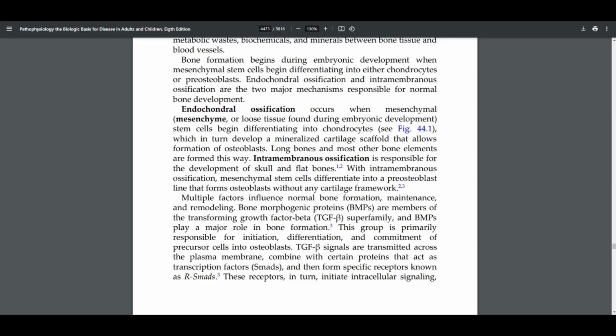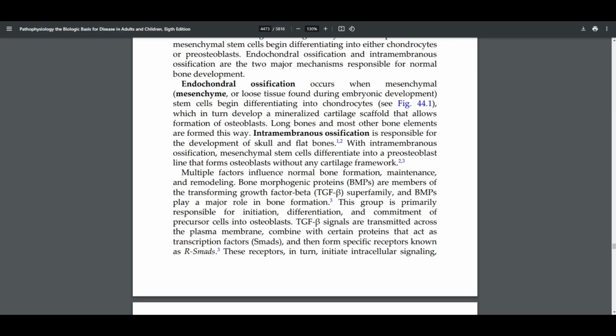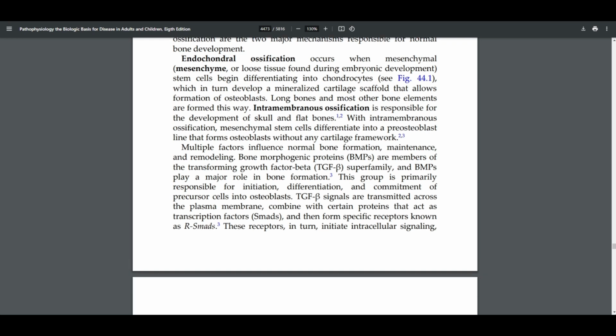Endochondral ossification and intramembranous ossification are two major mechanisms responsible for normal bone development. Endochondral ossification occurs when the mesenchymal or loose tissue found during embryonic development stem cells begin differentiating into chondrocytes, which in turn develop a mineralized cartilage scaffold that allows formation of osteoblasts.